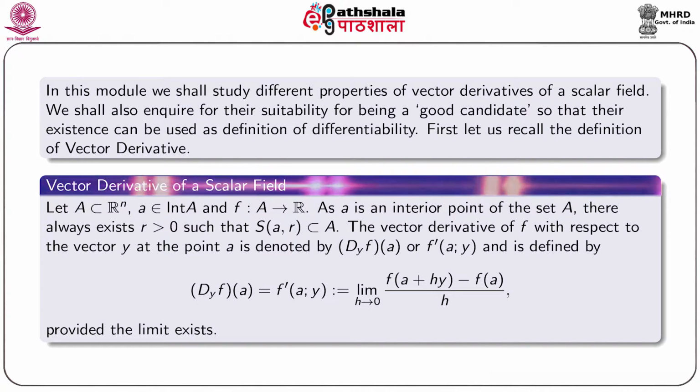Let A be a subset of Rn, a an interior point of the set A, and f a scalar field defined on the set A. As a is an interior point of the set A, we can always find an open sphere S(a, r) which lies entirely within the set A. The vector derivative of f with respect to the vector y at the point a is usually denoted by the symbols D_y f(a) or f'(a, y) and is defined by the limit of [f(a + hy) - f(a)] / h as h approaches 0, provided the limit exists.